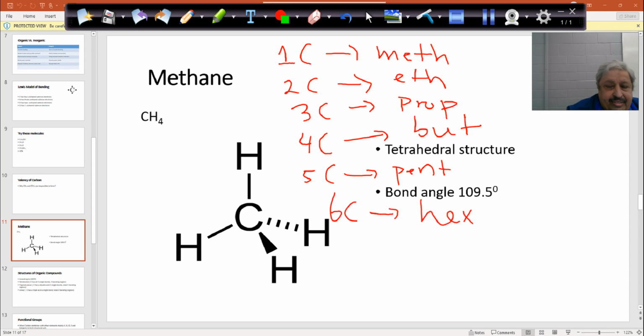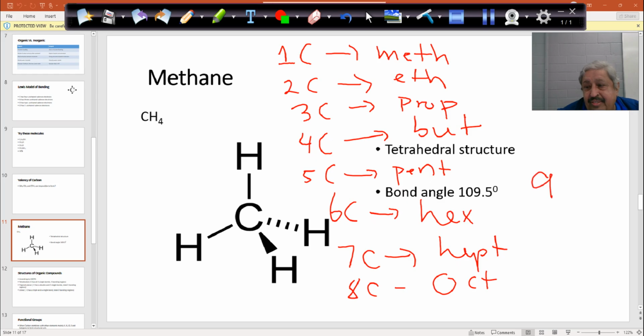All those are Latin numbering. 7 carbons, hept. 8 carbons, oct. 9, non. Non, not none. Like bute is not but. And 10 is dec. You will see about 3 to 4 letters as the abbreviation.